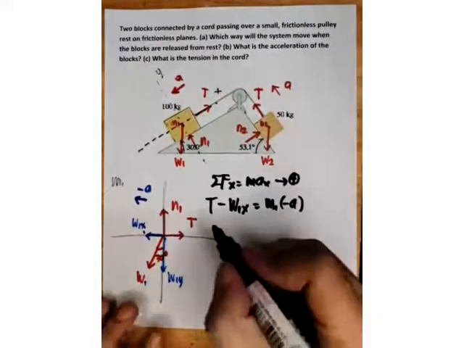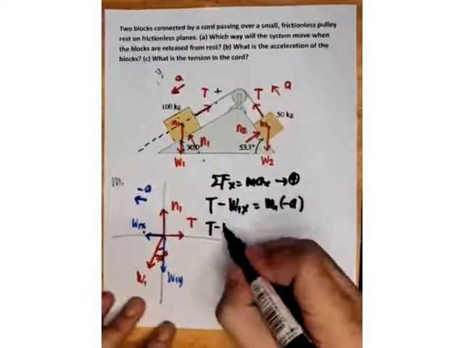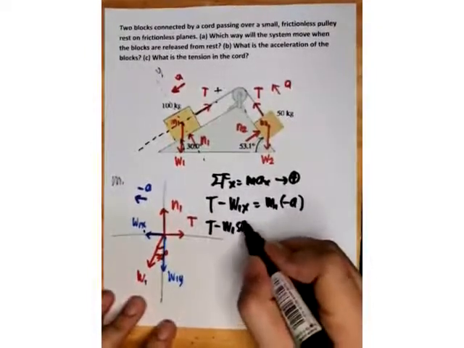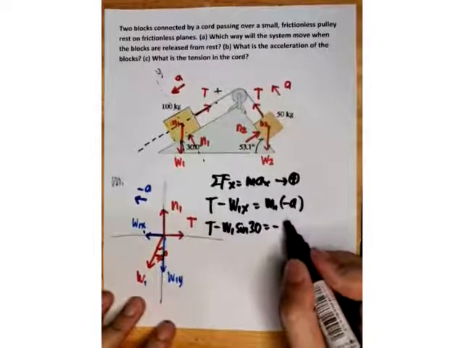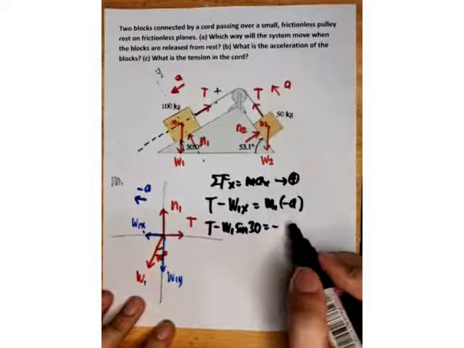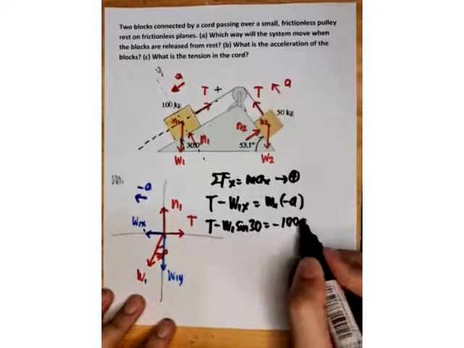Ay. So that will be tension minus weight 1 sine 30 is equal to negative, what's our mass? 100 A. Ayan.